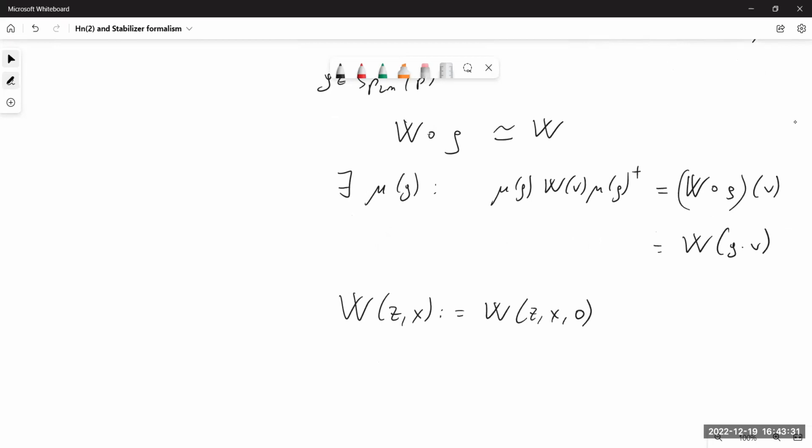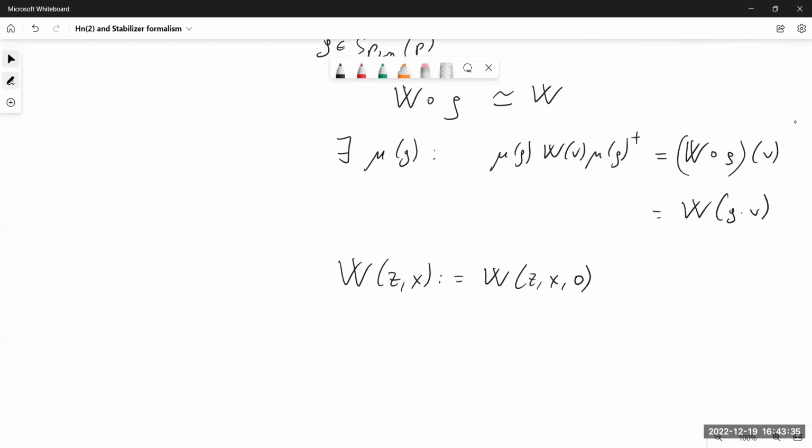One can see that this is a projective representation. It's coming from the general theory, but in principle we can also do the direct calculation, and this could be nice to check.